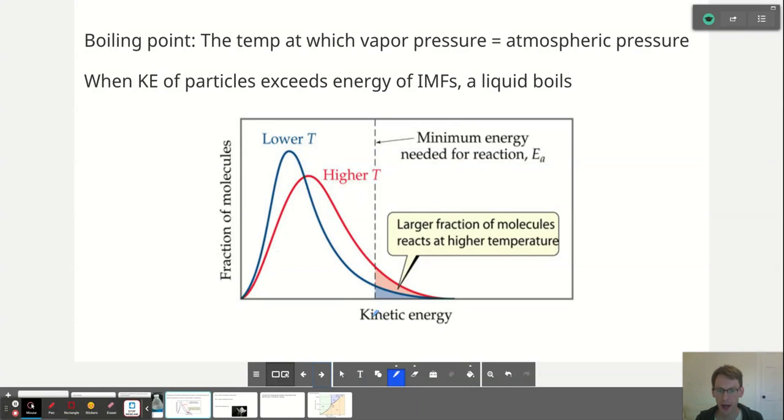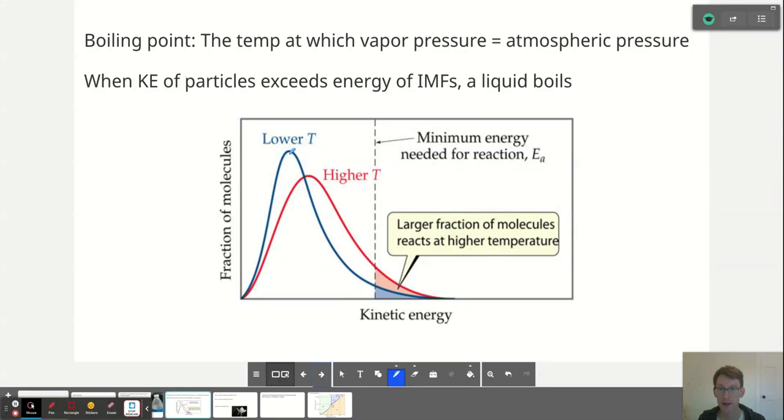Now, when we look at this chart, we can see kinetic energy. As kinetic energy increases, you'll have this sort of hump where the most molecules have a certain energy. So at a lower temperature, the average in this distribution is somewhere near this peak.